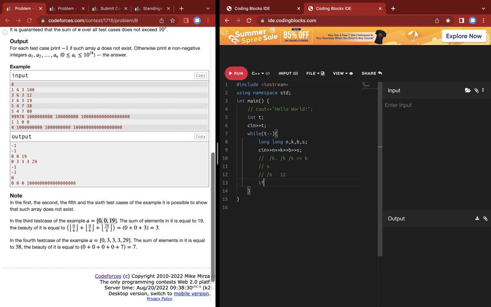So if S divided by K is equals B, then we can basically print out 0 and then S. So basically, n minus 1 times.